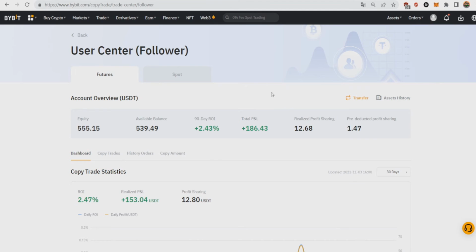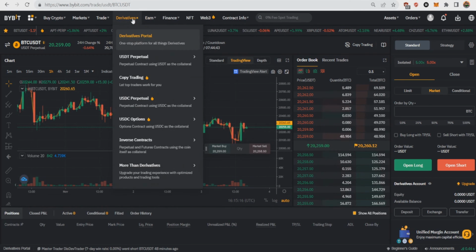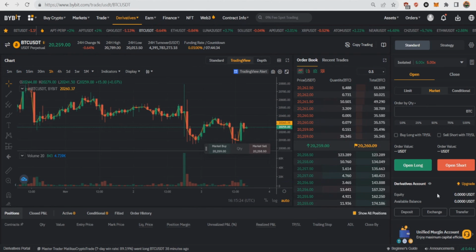Also, another important thing is how do you actually get balance? So how do you transform from spot to copy trading? So it's not that easy as you thought. The first thing you need to do is actually transfer from spot to derivatives. So you go to derivatives, you do like USDT perpetual, you take Bitcoin, guys, for example, doesn't matter. And then you need to have money in your derivatives account.